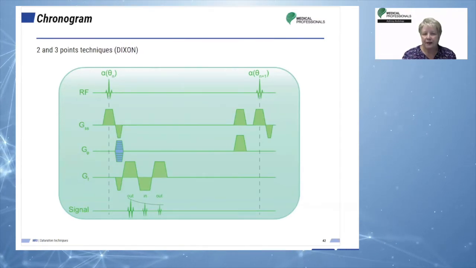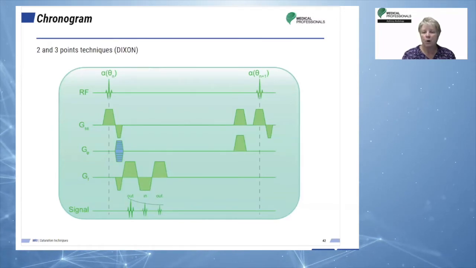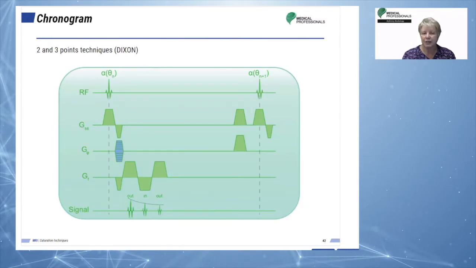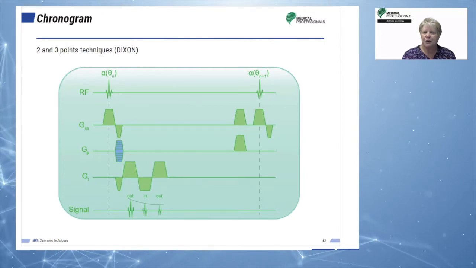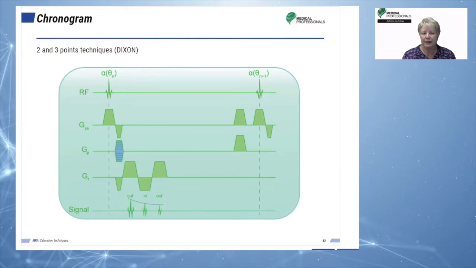Modern Dixon methods combine 3 echoes acquired at different TEs to create water-only and fat-only images. This technique is relatively insensitive to B0 and B1 inhomogeneities.